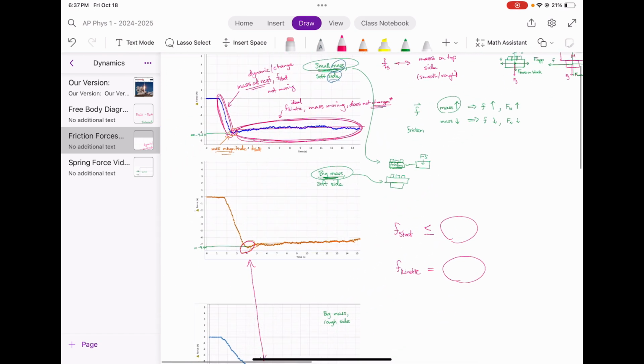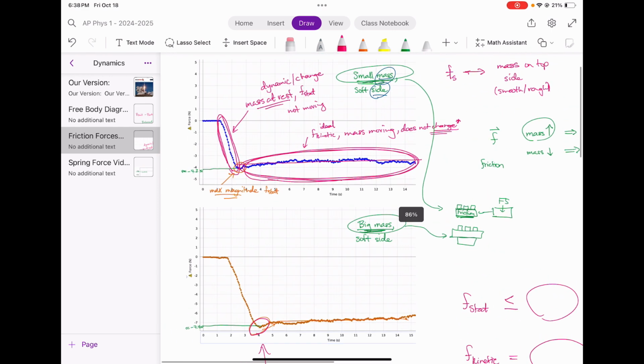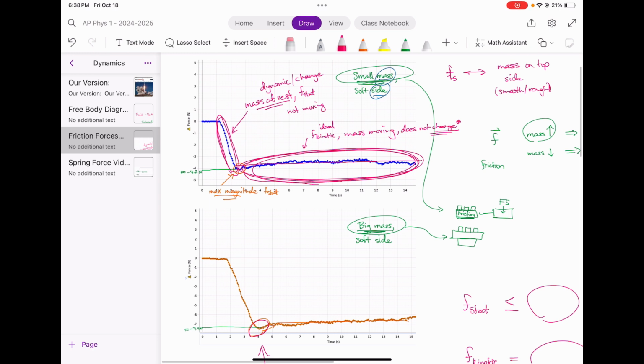Because if I look at the segments where the mass is in motion on each graph, no matter if I'm using the rough or the smooth side, I get a different magnitude force based on how much mass is on top, right? And we said the bigger the mass, the bigger the normal force will be, right? This would give you a small normal force acting on the block, and so we end up with a smaller frictional force.